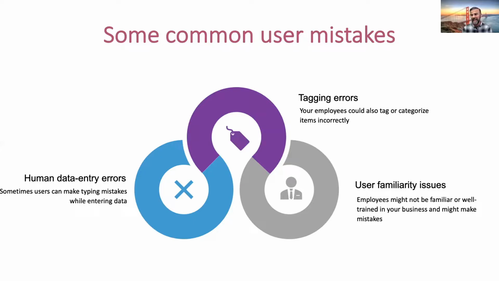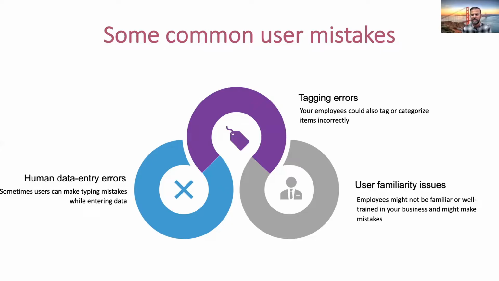There are also tagging errors. Users have either not tagged the products properly with their barcodes, or in scanning, they might be making some errors and mistakes, which causes problems. Most commonly, it is an issue with familiarity of the system. Users are new to the system. Either you have a new employee who is joining in, or you just rolled out a new instance of Odoo for users.